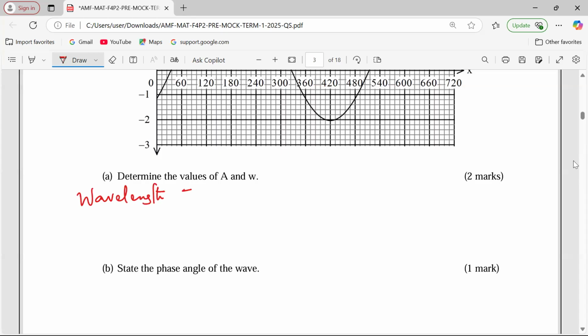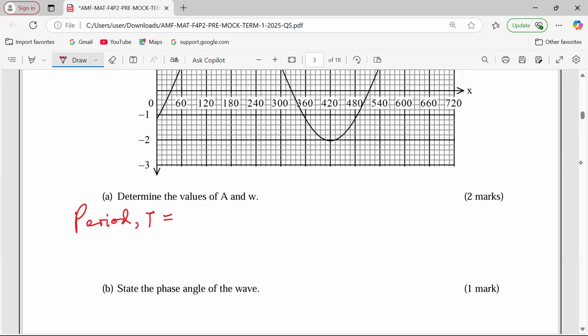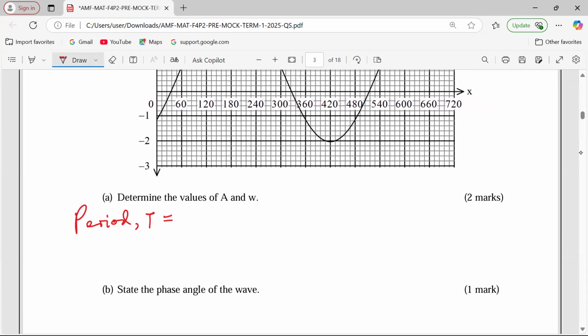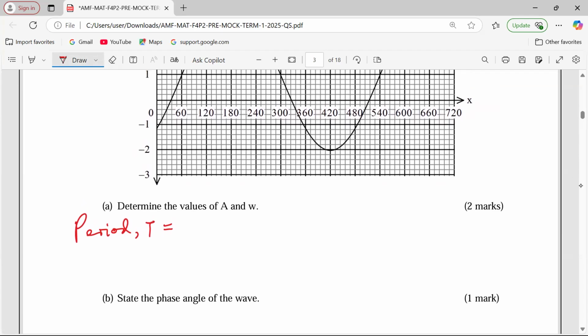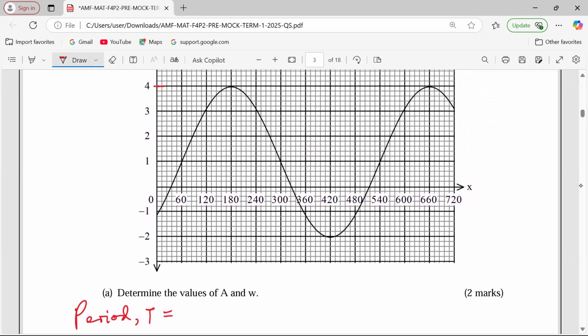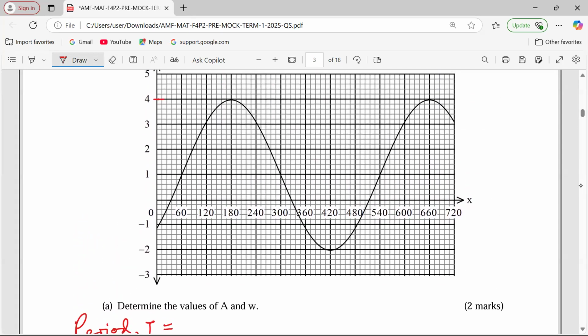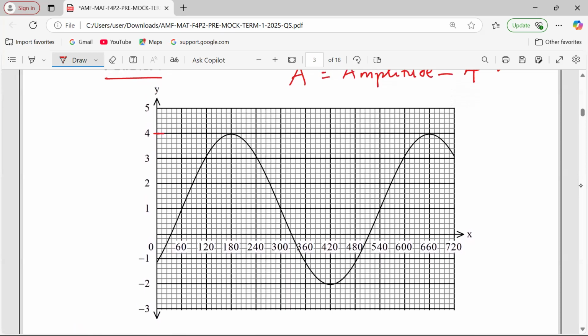Wavelength, okay, not even wavelength, sorry. Let's talk about period. Yeah, let's talk about period. Period T of a wave in mathematics. The period is usually given by the difference between two particles along a wave which are in phase.